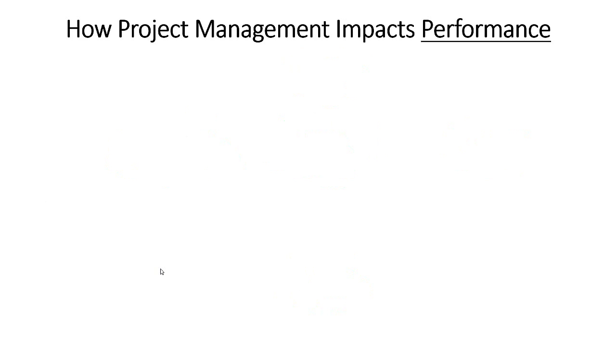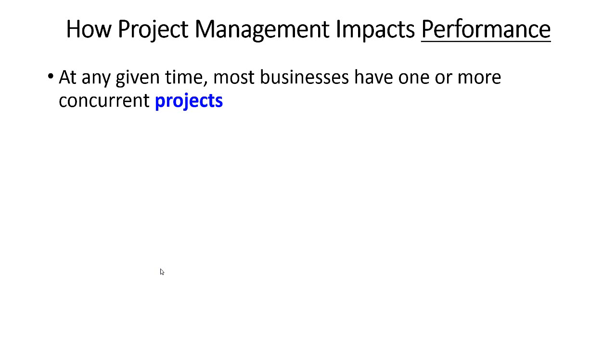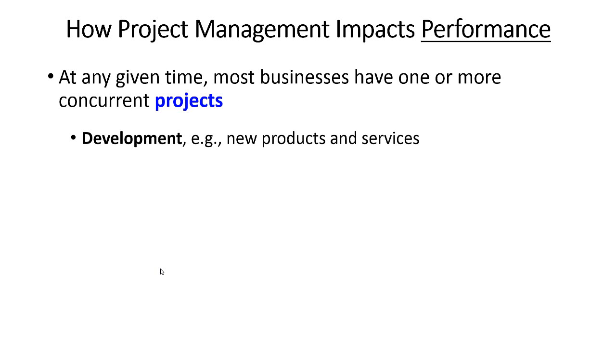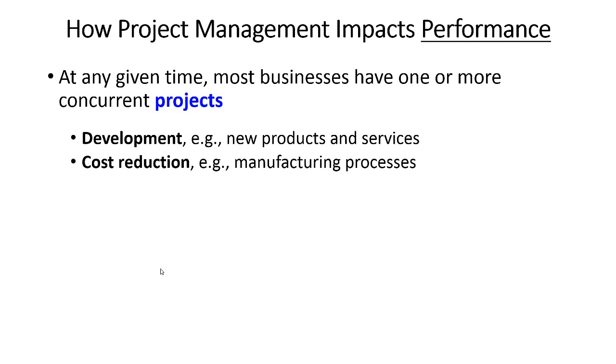So how does project management fit into this? Well, ultimately, everything we do in a business is directed at having an impact on performance. So let's look at project management and where this fits in. At any given time, most businesses have one or more concurrent projects. Projects might fall into the category of development projects, where we're developing new products and or services.